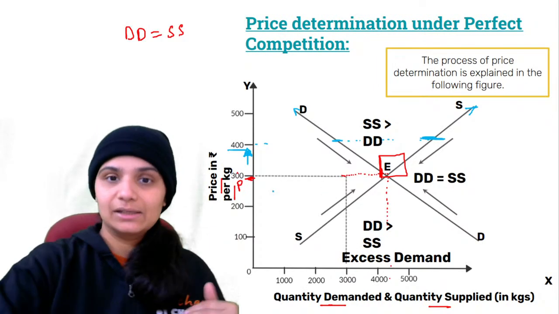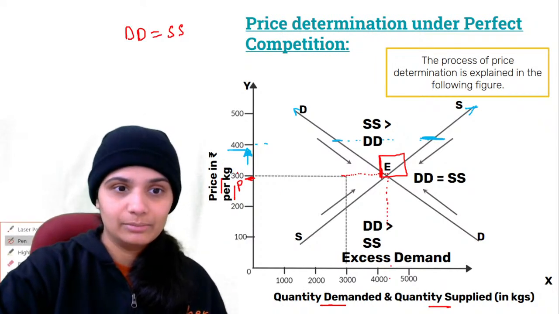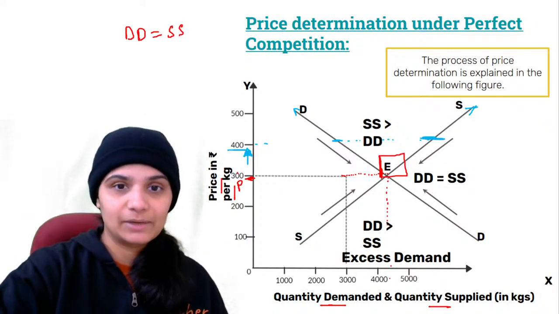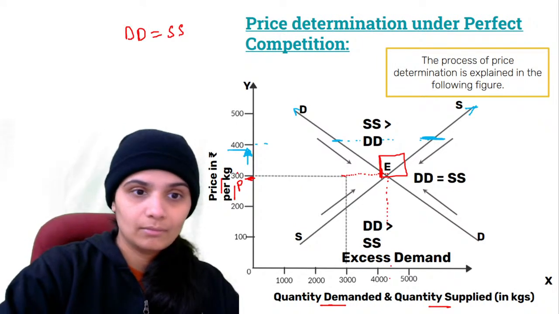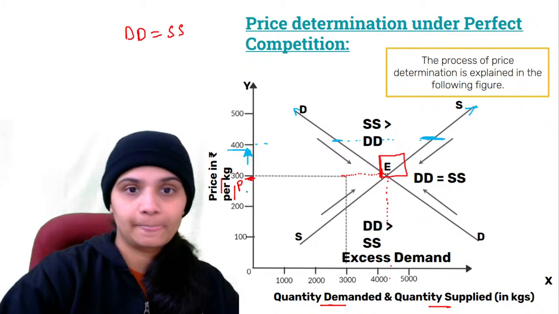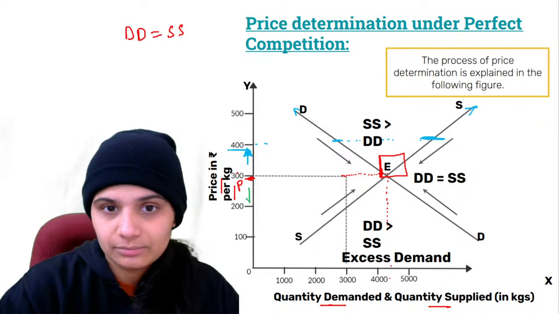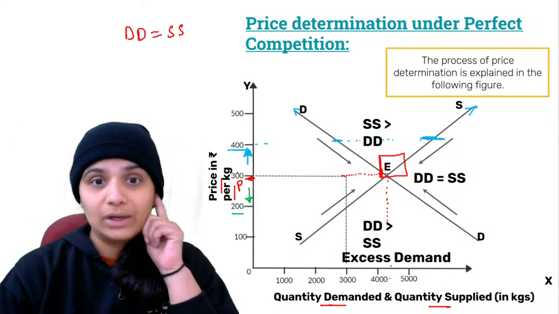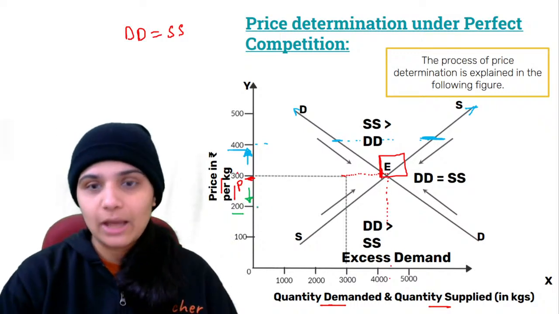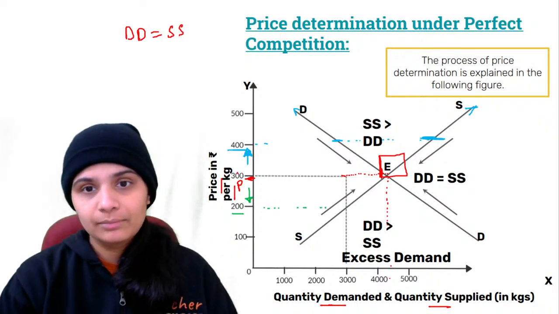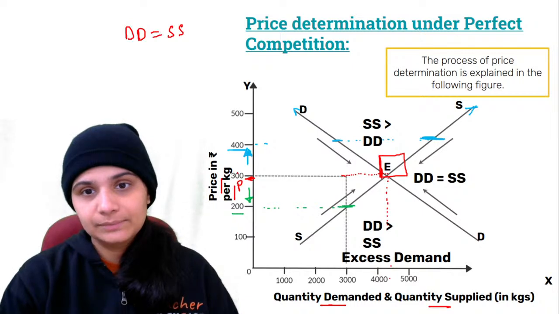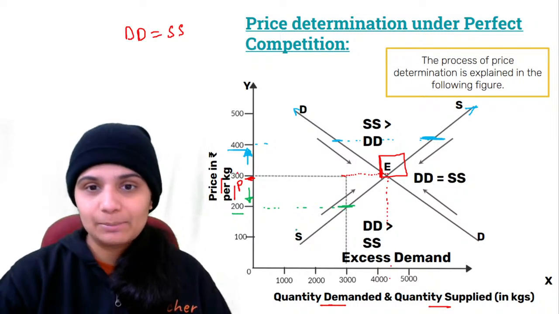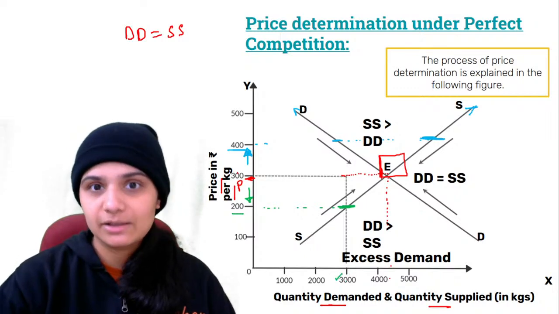Now, let's come to the other part of it. Let's decrease the price now. Let's come to 200, lesser than your equilibrium price. Now, what happens? At 200 suppliers are not at all happy. This is my supply line. It is cutting here. Only 3000 quantity suppliers are ready.